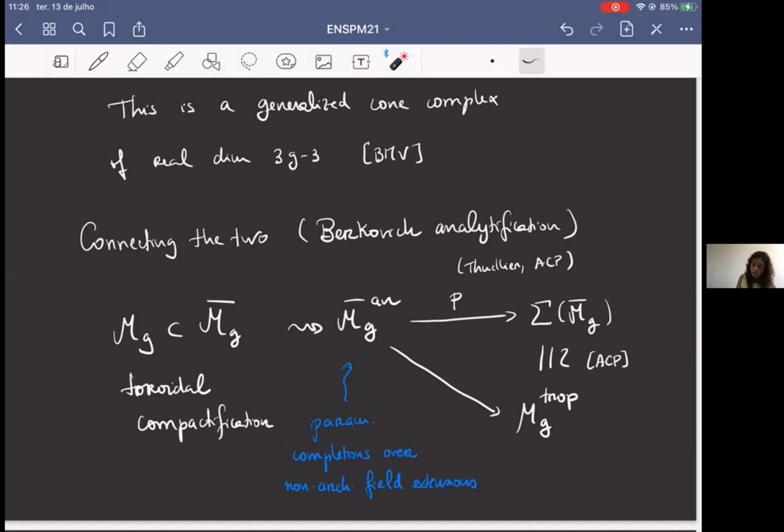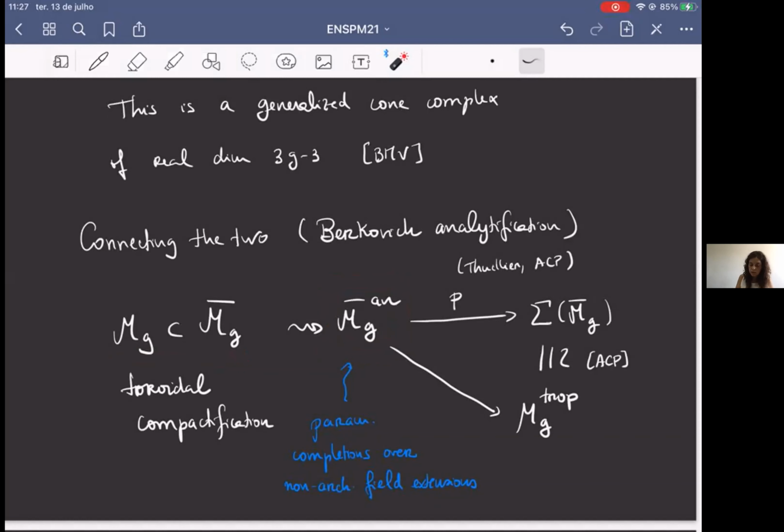And then out of this, you can construct the Berkovich analytification of your space. What's this space? This is a parameter space of completions of smooth curves over non-Archimedean field extensions of your original points.